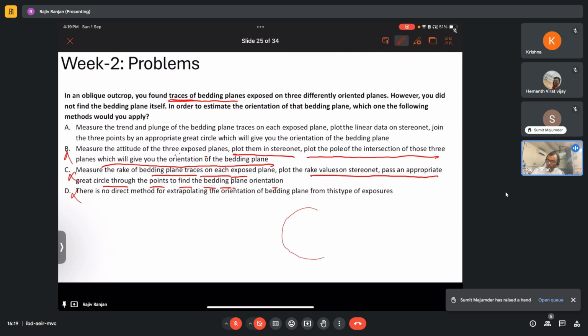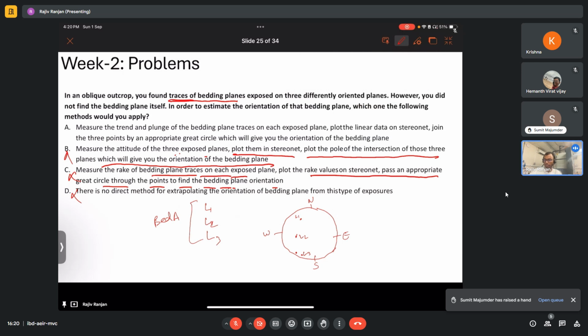The method is, suppose you measure L1, L2, L3, three linear features, traces of this bedding plane of bed A, and then you try to plot. Suppose L1 is plotted here, L2 plotted somewhere here, and L3 plotted somewhere, or it can be here, wherever you want.